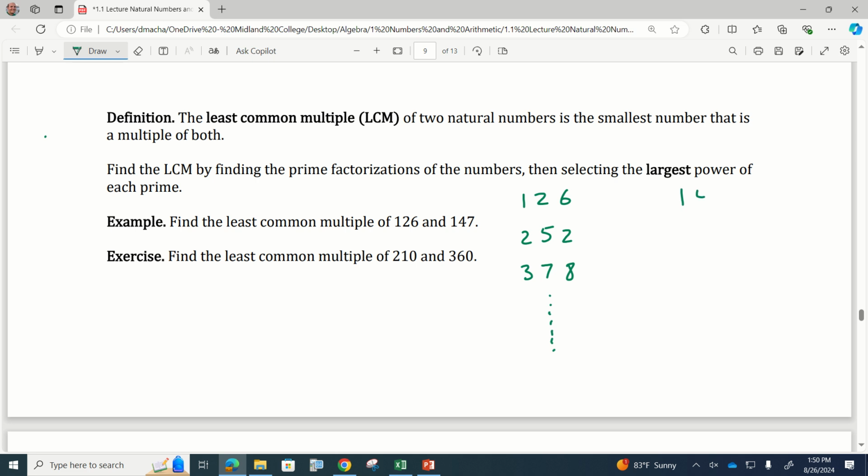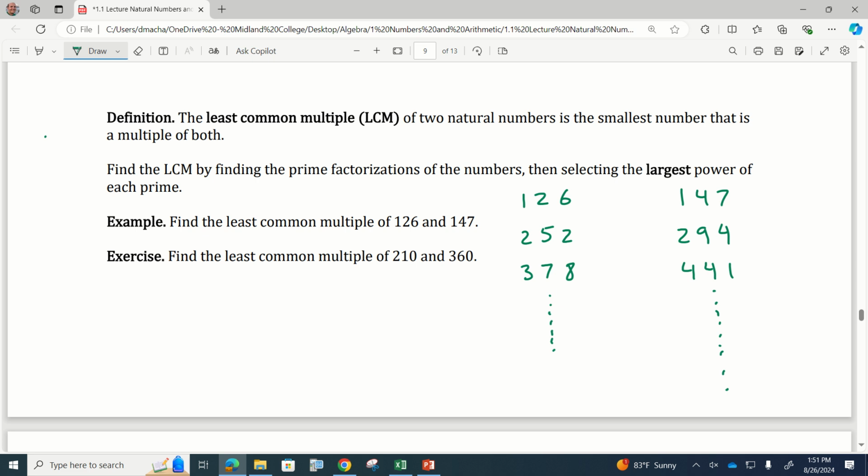And I say, okay, 147, 294, 441, I don't know. And so you make these long lists of multiples and you try to look, what's the smallest number that belongs to both of these lists? That would be the least common multiple.